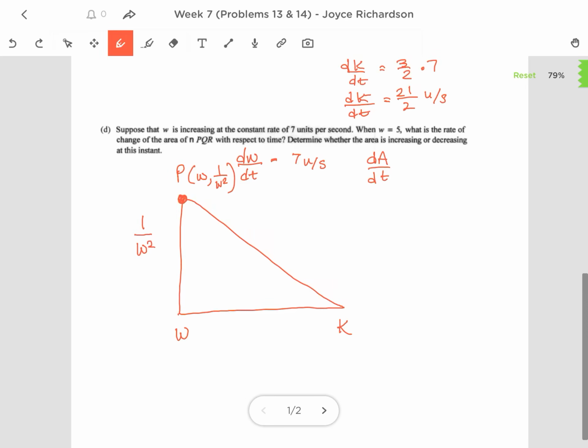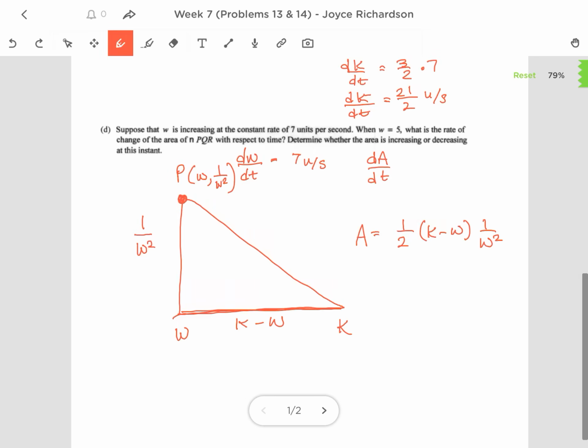Now what is this distance? Well, that distance is just k minus w. So the area of this triangle is going to be base times height divided by 2, or 1/2 base times height, however you want to look at it. So I have 1/2 (k minus w) times 1 over w squared.